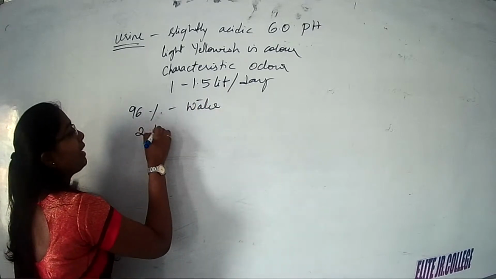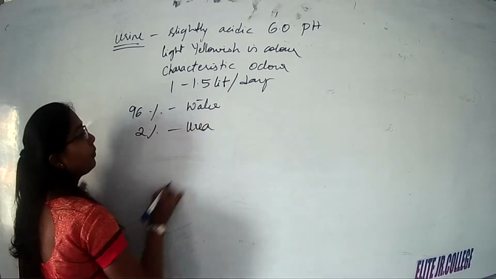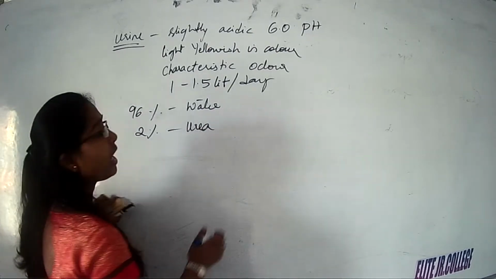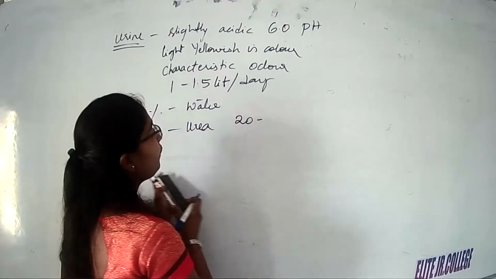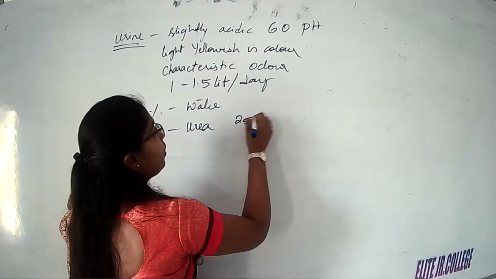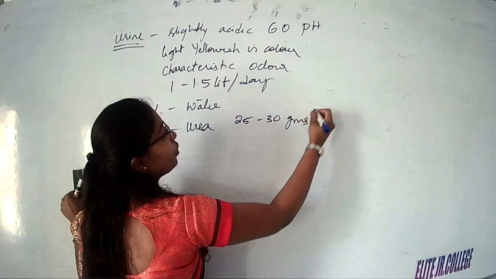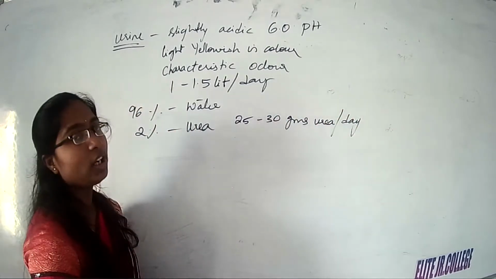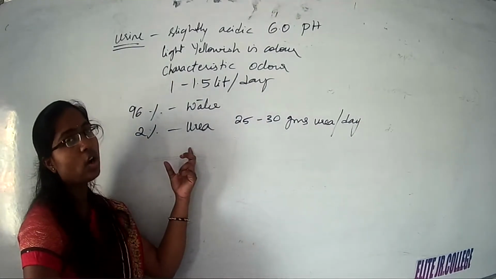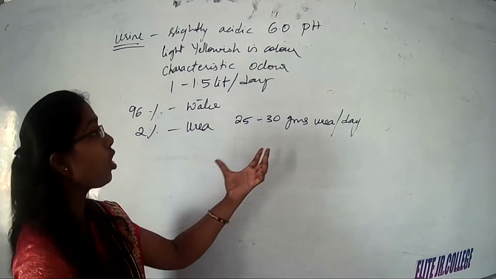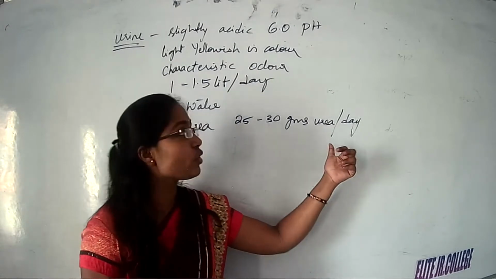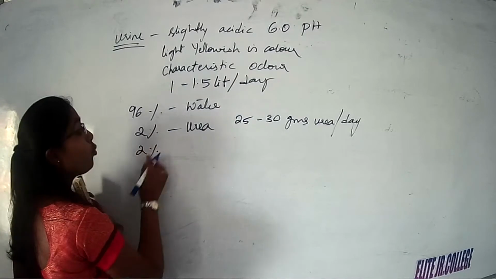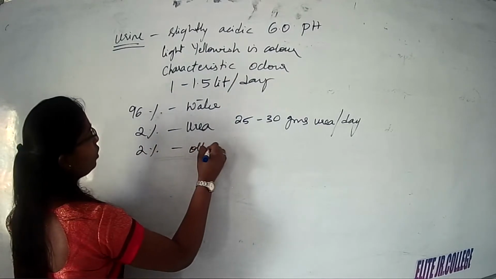The remaining 2% is going to be urea, and this 2% of urea is going to be around 25 to 30 grams. 25 to 30 grams of urea is excreted every day by a normal individual. And the remaining 2% is going to be other solutes.